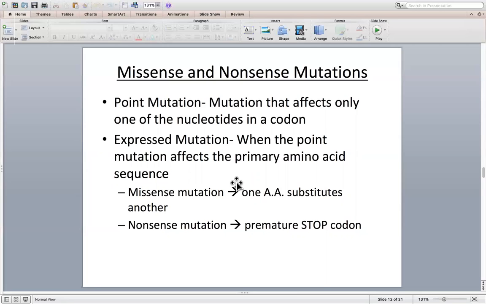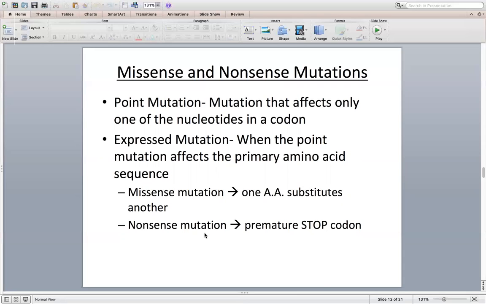So that's really important to note, that how serious a result it has depends on exactly where the mutation occurs. And when point mutations do affect the primary amino acid sequence of the protein, they're known as expressed mutations. Expressed point mutations fall into one of two categories: they're either missense mutations or nonsense mutations.